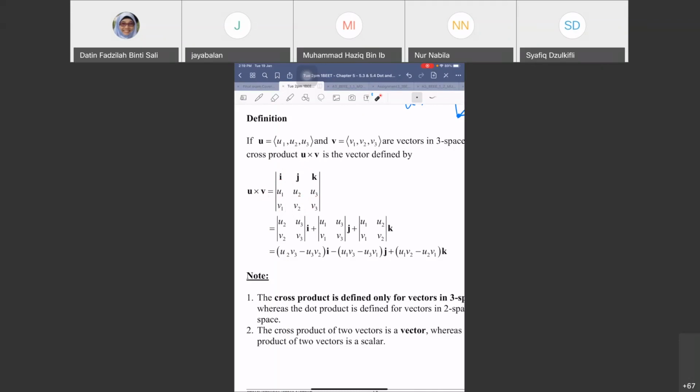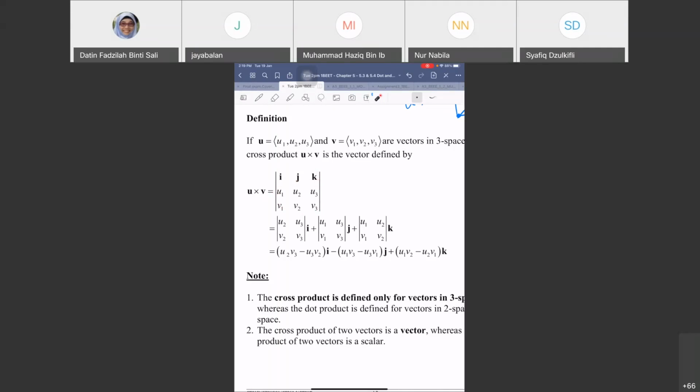So what you have is a setup of a 3x3 determinant. In fact, finding the cross product is exactly the same as finding the determinant of a 3x3, by selecting the first row.